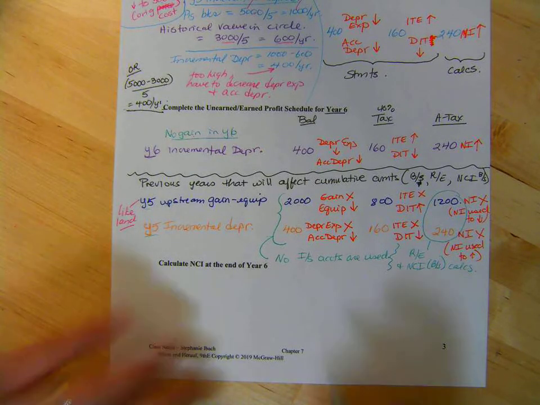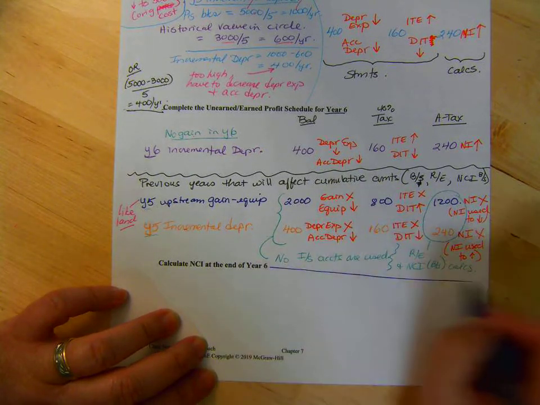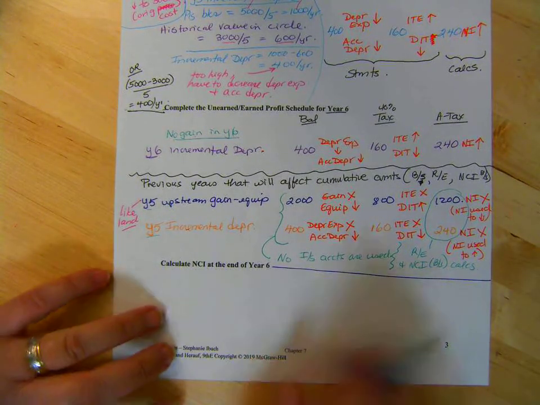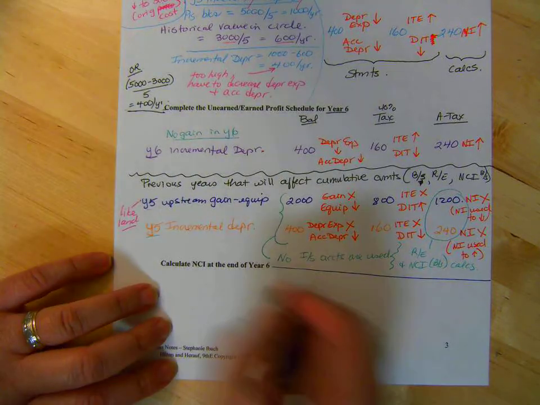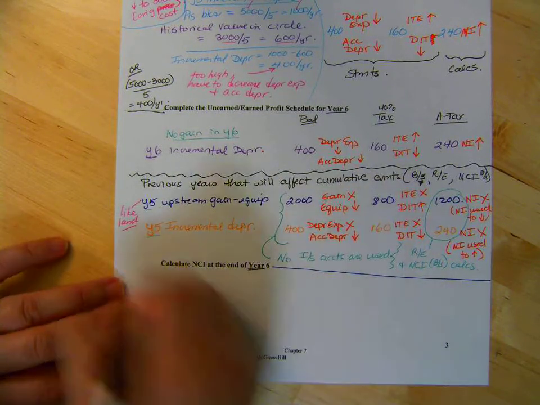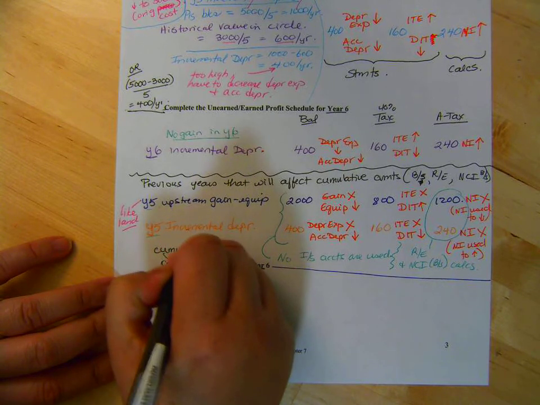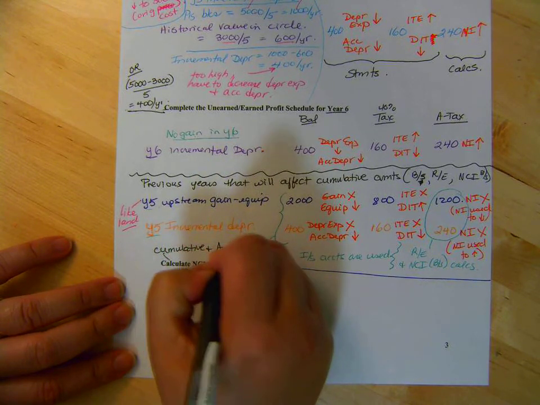Okay. So now let's calculate NCI at the end of year 6. So we're doing end of year 6, and remember it's cumulative, and after tax.